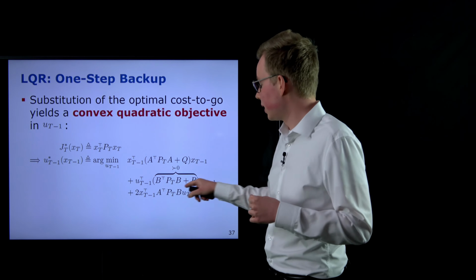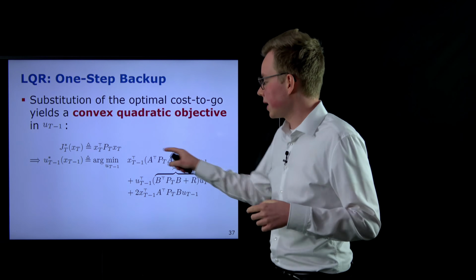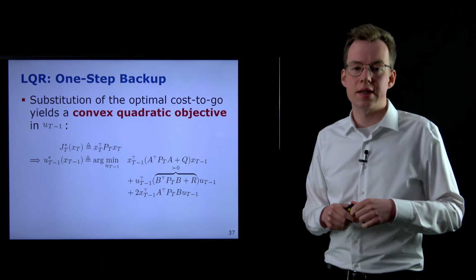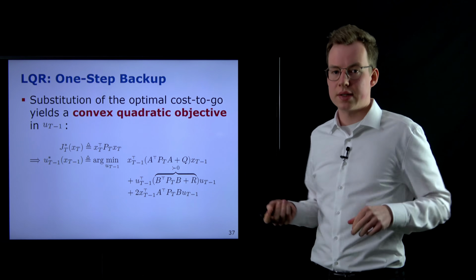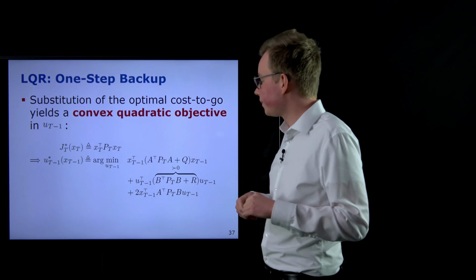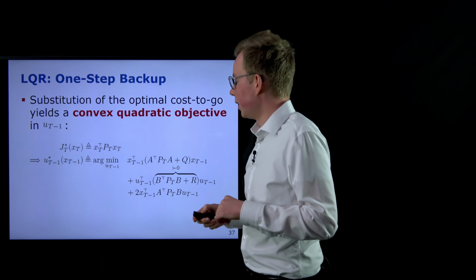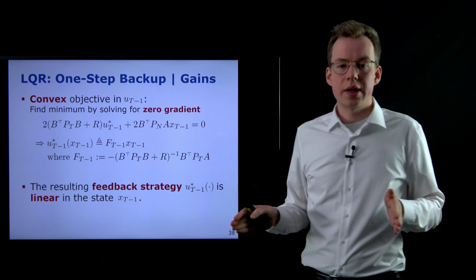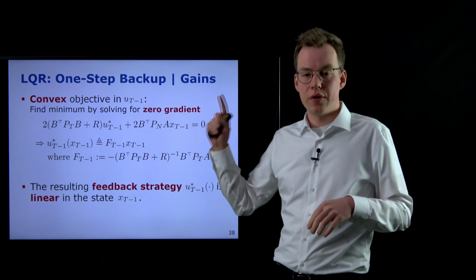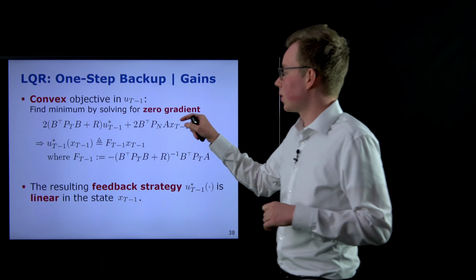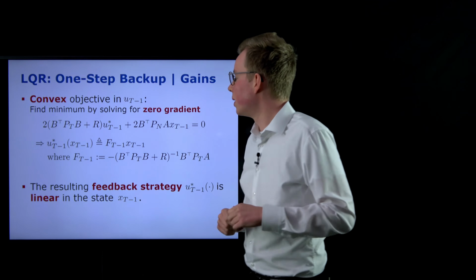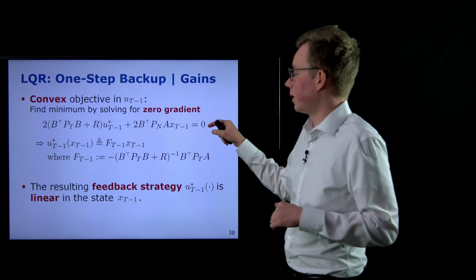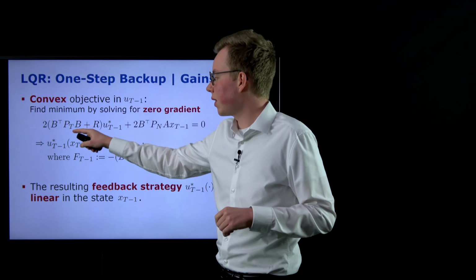So this expression is convex quadratic in u, meaning that again we have this nice upwards curved cost landscape. Therefore we can apply the same trick as we've seen earlier, now solving for only a single time step, and find the global minimum of this cost landscape simply by setting the gradient to 0.